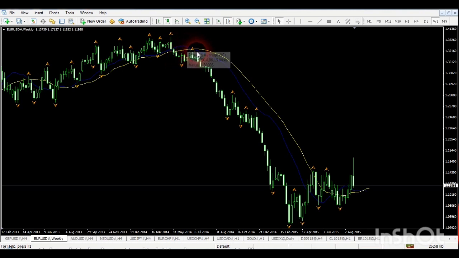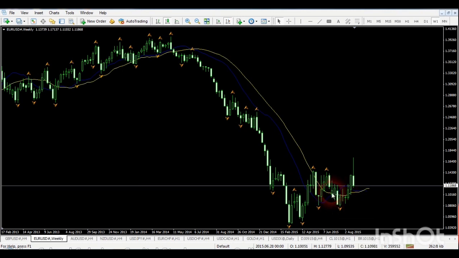A rule that makes you sell surely and safely is when these two lines cross each other, like the blue and the yellow line. It's coming from up to under the second moving average. When it does something like this, my sell position is confirmed, and my trend is going to be a downtrend.